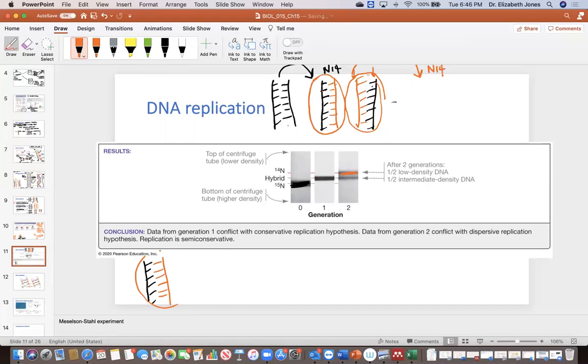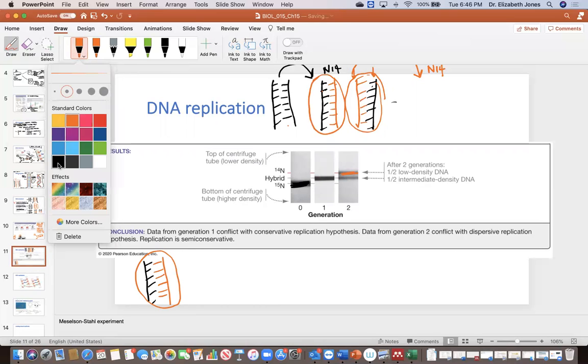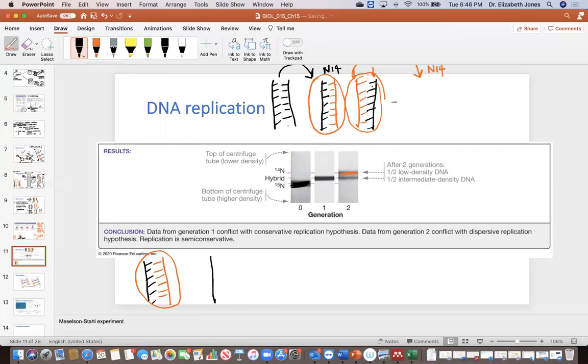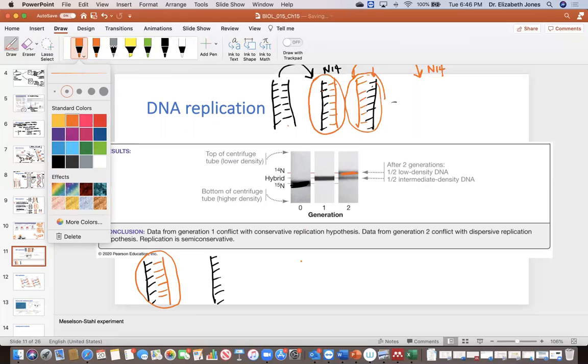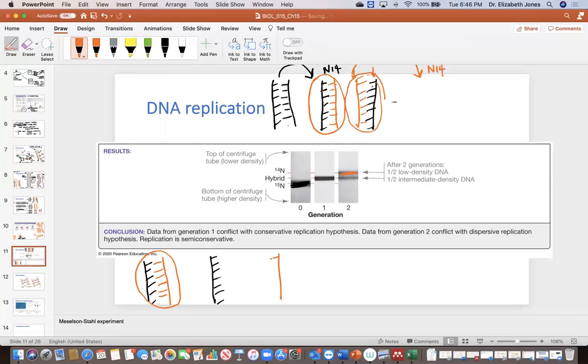So this is our intermediate weight. Now, if we pull those apart, I'm going to pull that apart. Boom, boom, boom, boom, boom on one side. And I'm going to pull this one apart. And I told you that we were still growing things up in light nitrogen. So all we have is light nitrogen nucleotides.